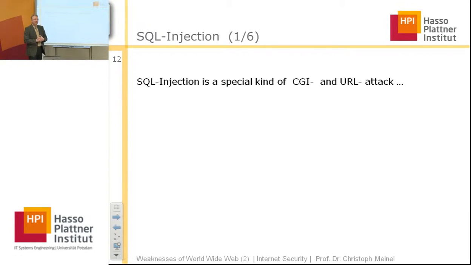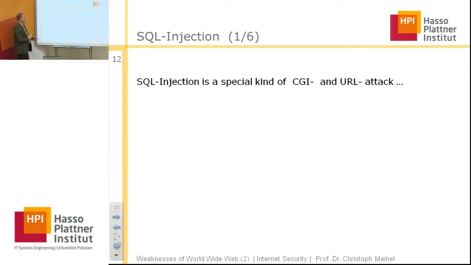Let's have a closer look at a second family of attacks against web servers and against applications on the web servers. Let's speak about SQL injection. SQL injection is also a special kind of CGI attack.